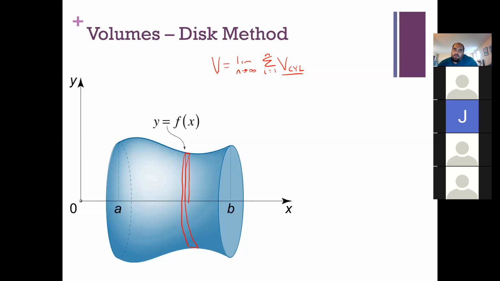All right. So if we're going to be adding up all these volumes of cylinders, we need to think about how to find the volume of a single cylinder. So how do we find the volume of a cylinder?